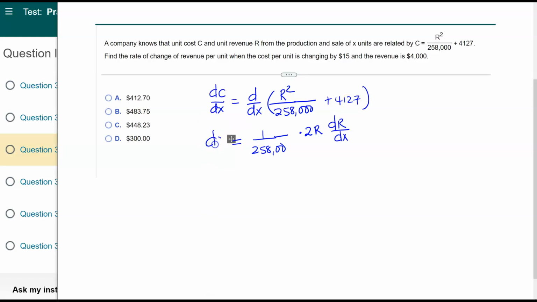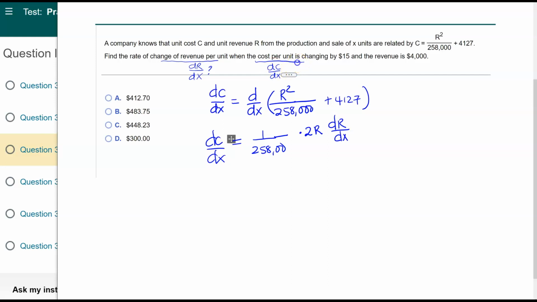Now, so we have dC/dx here. Now let's see what's given. It says here that we want to find the rate of change of revenue per unit. So that is dR/dx. So that's the unknown. dR/dx is what we're looking for. When the cost per unit, so cost per unit, that is dC/dx.